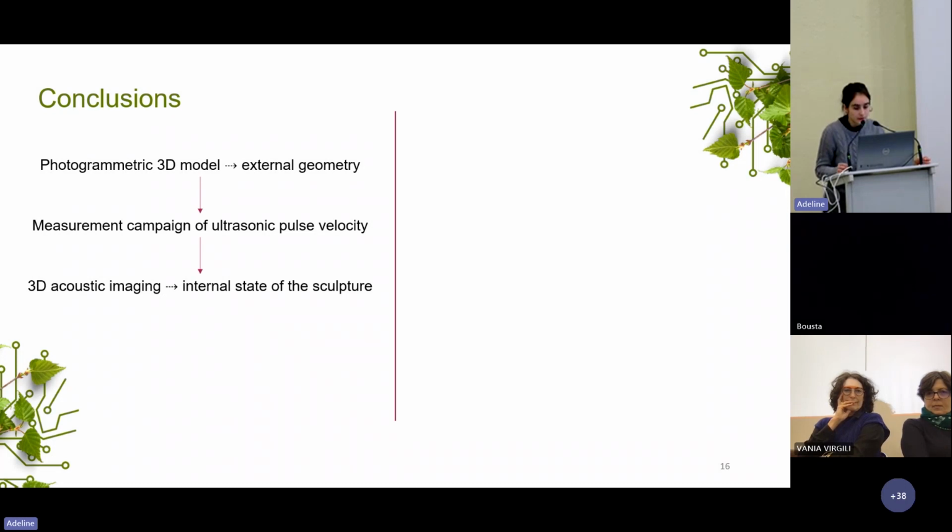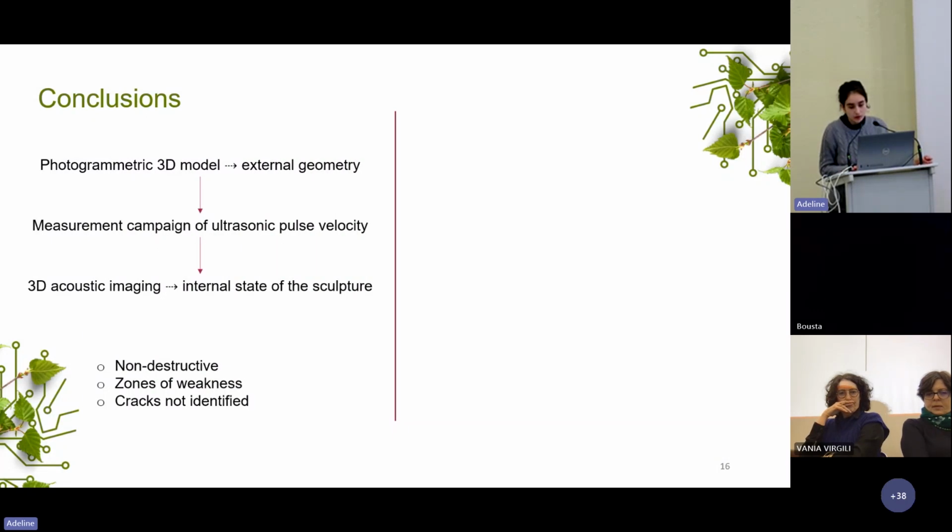This technique is non-destructive for the object, and it can display some zones of weakness in the altar. However, we could not, during our experiment, identify some cracks that were visible from the outside.